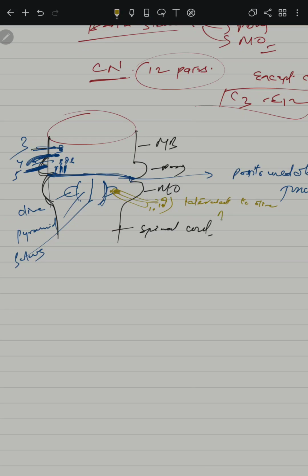That is called the nucleus ambiguus. It's a common nucleus, nucleus ambiguus.